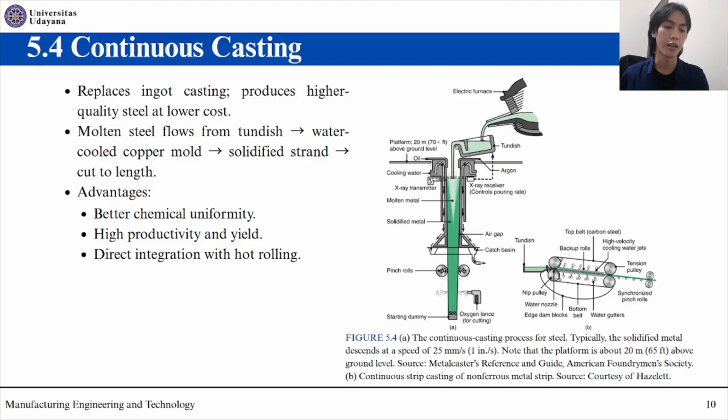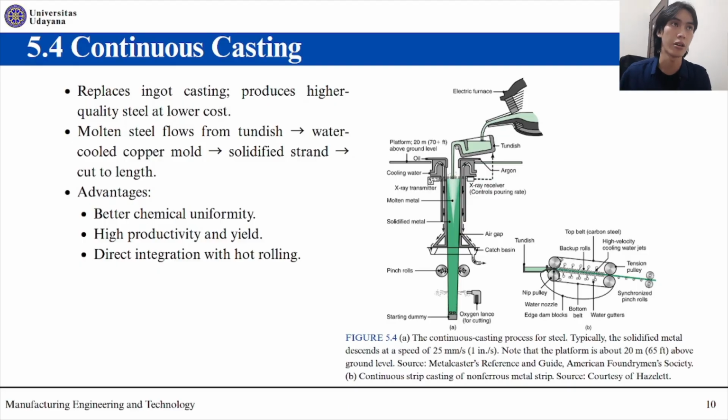You can try this casting, it is cheap for students. In this process, molten steel flows from the tundish into a water-cooled copper mold and solidifies into a continuous strand and then is cut to length. You can see on figure 5.4.